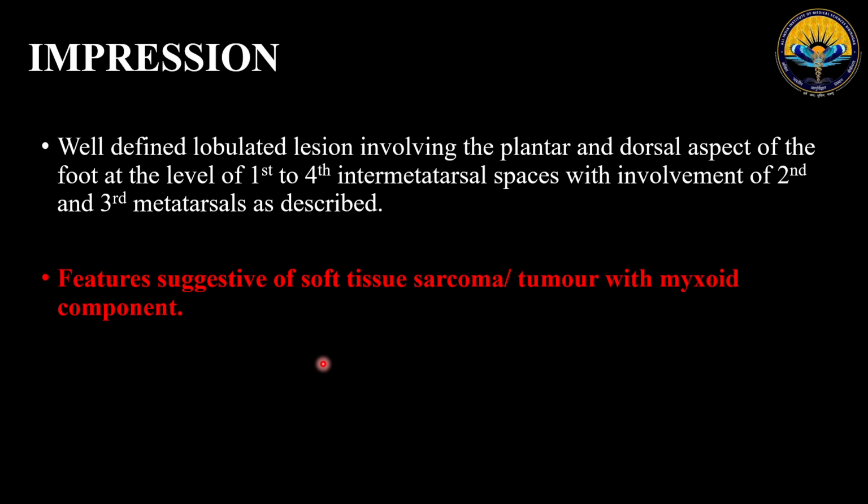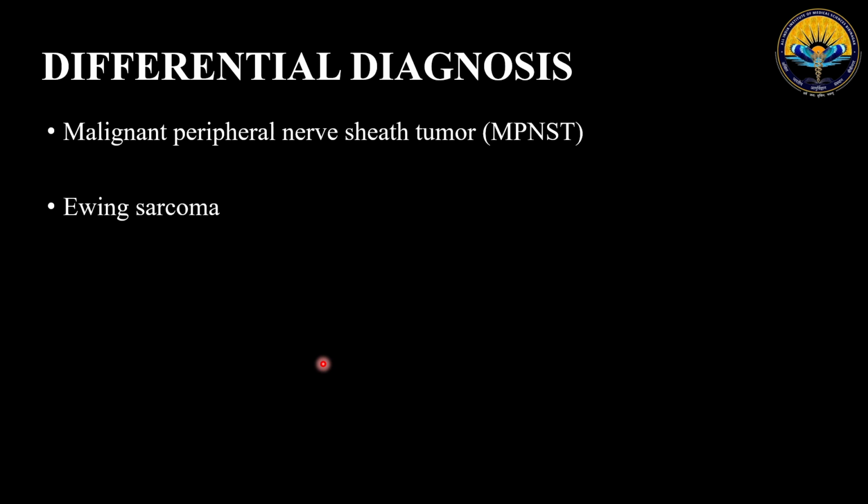So an ultrasound guided core needle biopsy was done in this patient in our institute, and before that, the differential diagnosis. It may be any soft tissue tumor with involvement of the adjacent bone. Since it is showing T2 hyperintense signal, we can say it is a myxoid component. A lesion with myxoid component also cannot be ruled out. However, the differential will be malignant peripheral nerve sheath tumor.